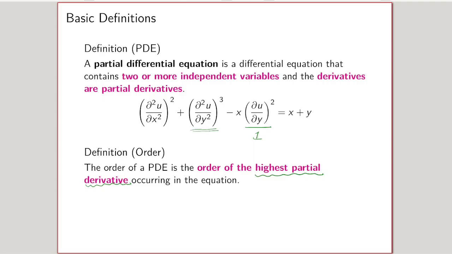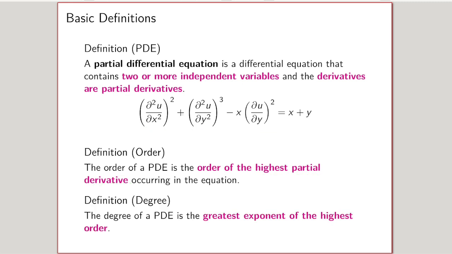So this will be of order 2. So it can be read as second order derivative of u with respect to y, and this is also of order 2. So there are three orders here, 2, 2 and 1. We will be taking the highest partial derivative as the order. So we will be taking 2 as the order of this PDE.